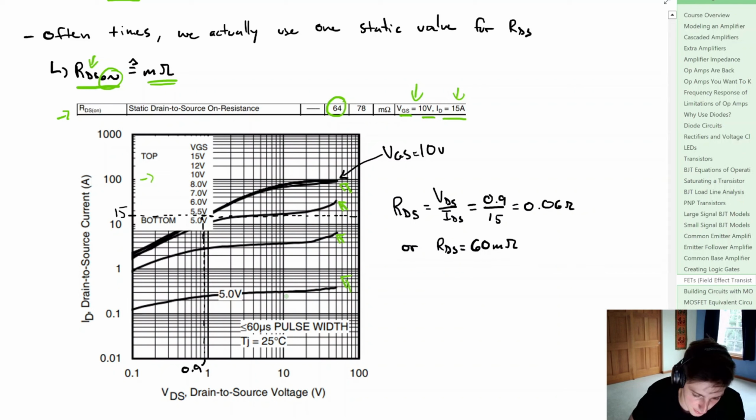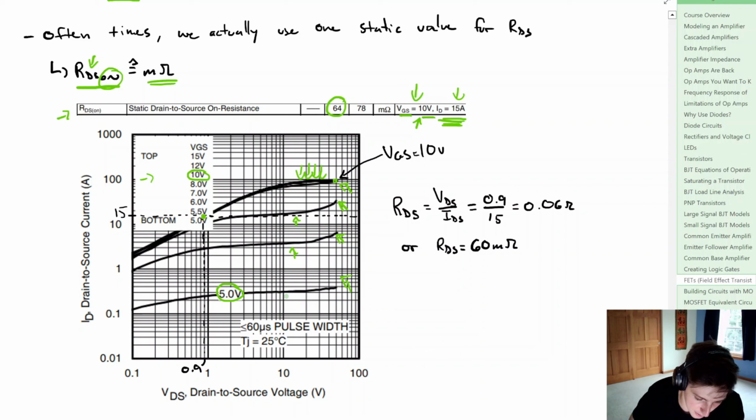So if we look at the bottom, we would expect to start at 5 volts, and then all the way at the top, we're at 15 volts. So our bottom curve here is VGS equal to 5 volts, then up here it's 5.5, then 6, and then all of these are bunched together, but that is where our VGS of 10 volts is. And we know that we're looking for the drain current equal to 15 amps.